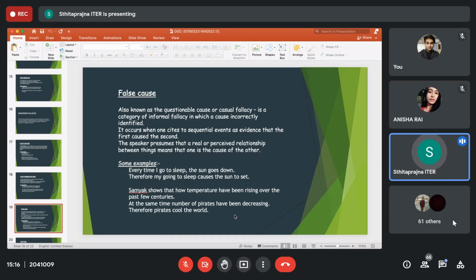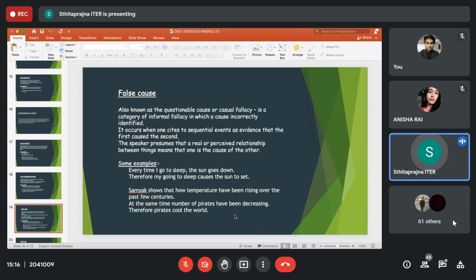For example, every time I go to sleep, the sun goes down. Therefore, my going to sleep causes the sun to set. Now, this is a false cause. Only because I go to sleep, the sun sets. Another example shows how temperature has been rising over the past few centuries. At the same time, the number of pirates has been decreasing.